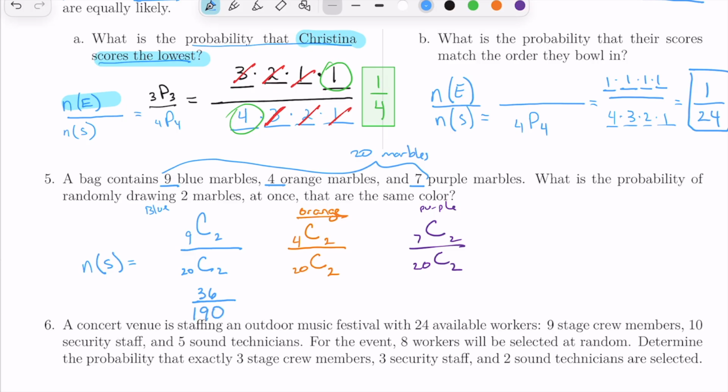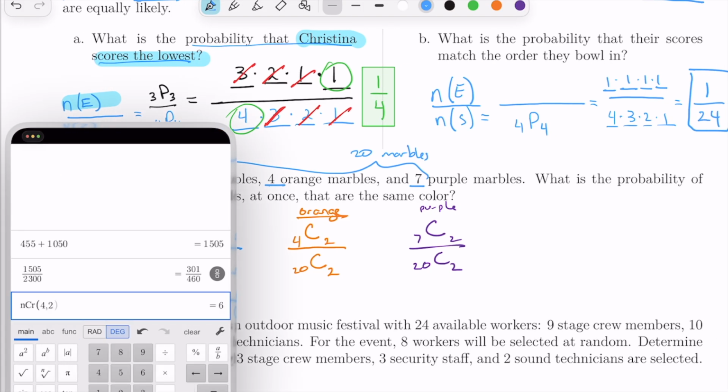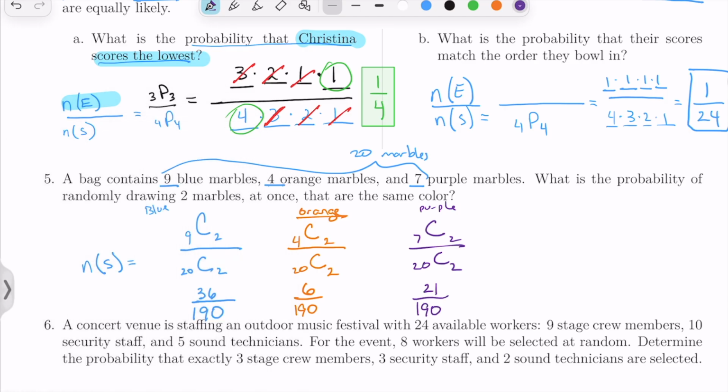For the orange, we have 4C2 to be 6. That will also be over 190. And 7C2, I think that's 21. Yeah. And that's also over 190. Now, because any one of these is a possibility, we can just add them all together.